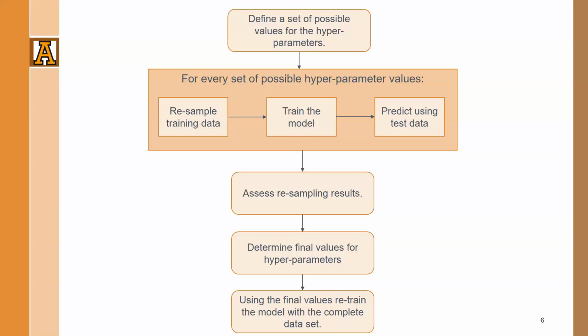Then I change the training data again within the same data, resample, and test the model on the part that I don't use to train the model. So it'll give me a bunch of indicators for each of the possible combinations of the hyperparameters, and based on that, we'll be able to determine which is the best model, the best set of hyperparameters for the model.